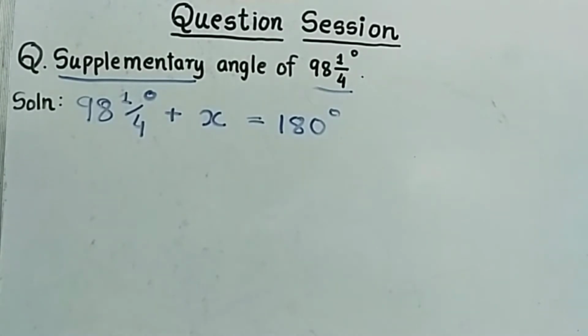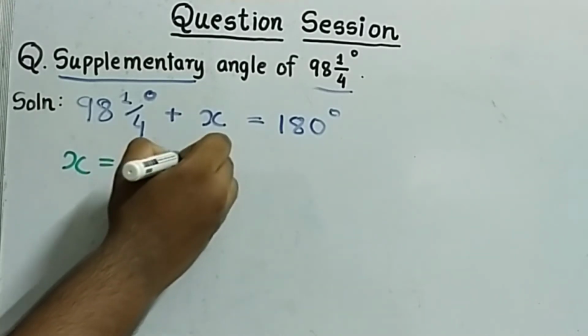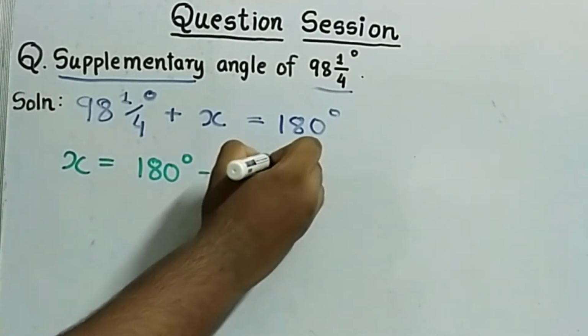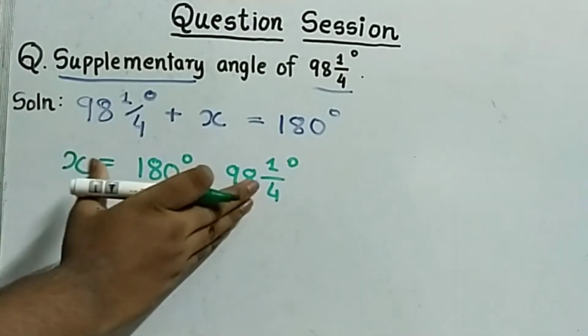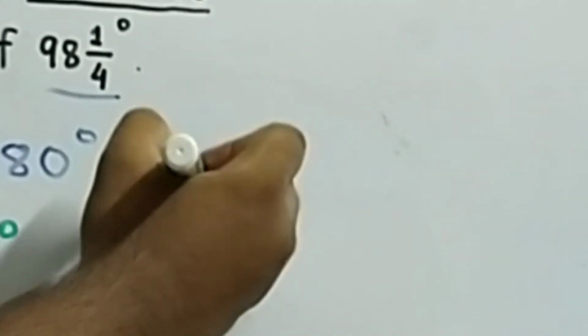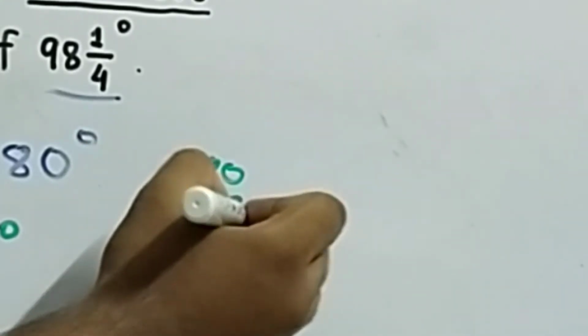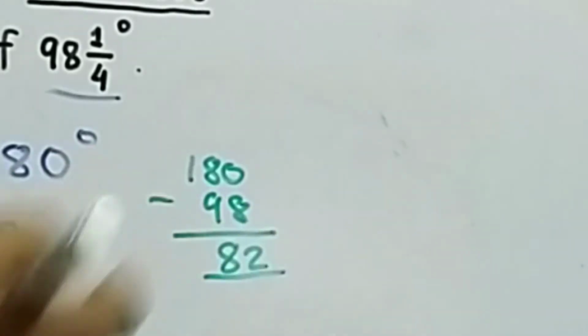So we just have to subtract this 98 1/4. So let us do it. We write x is equal to 180 degrees minus 98 1/4 degrees. This is a complicated subtraction. So first we'll just subtract 180 minus 98. After doing this maths, we get the answer as 82.